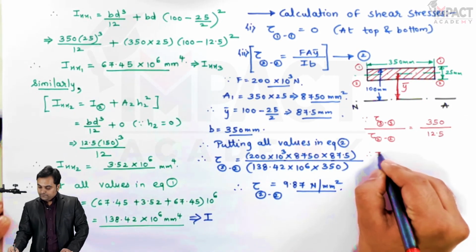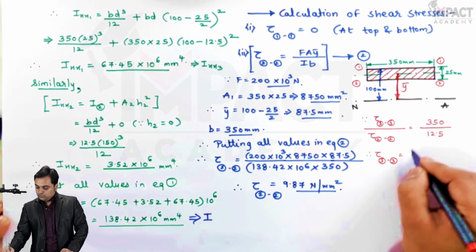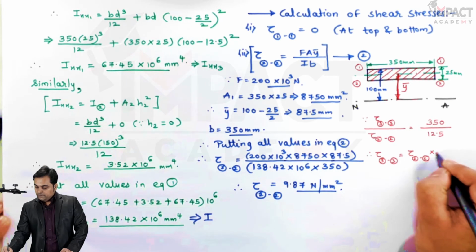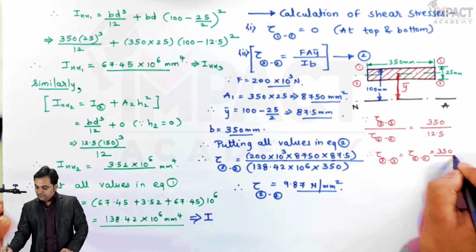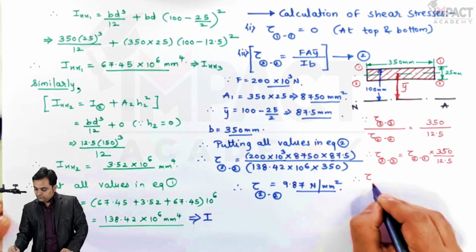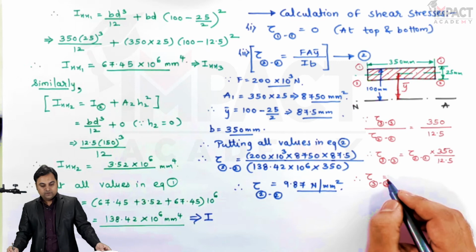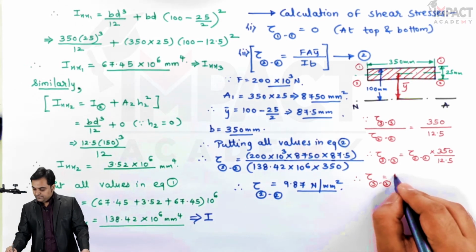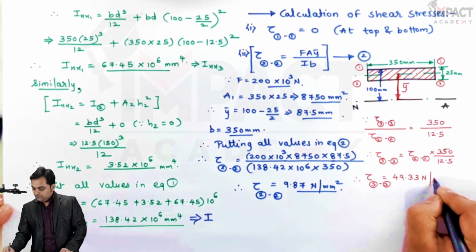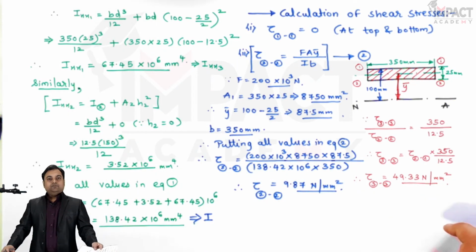So therefore tau 3 would be tau 2 into 350 divided by 12.5. So the answer of tau 3, it is 49.33 Newton per mm square.